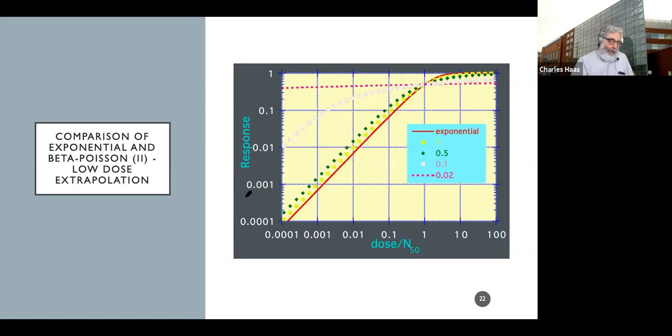And they never go precisely to zero. By a linear fashion, I mean, if I look at the slope of any of those lines, there's a one-to-one slope on the log-log axis for the beta Poisson and the exponential. We call this low-dose linearity.